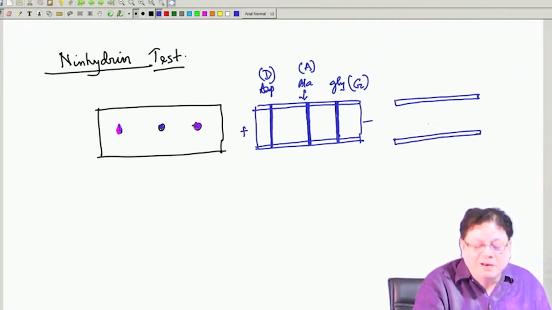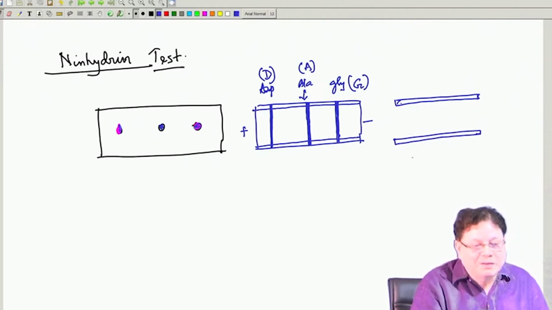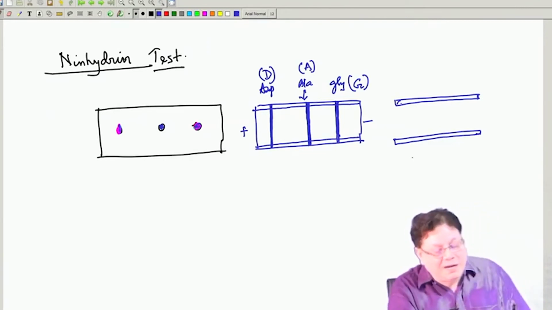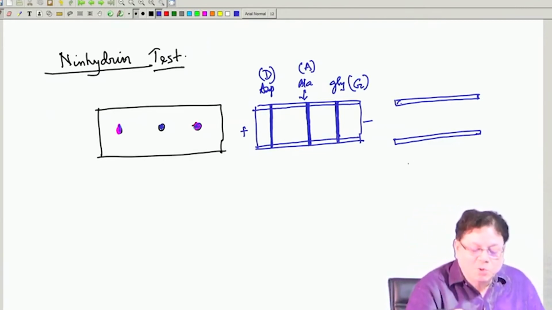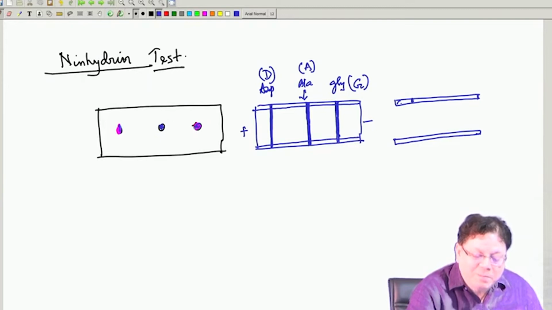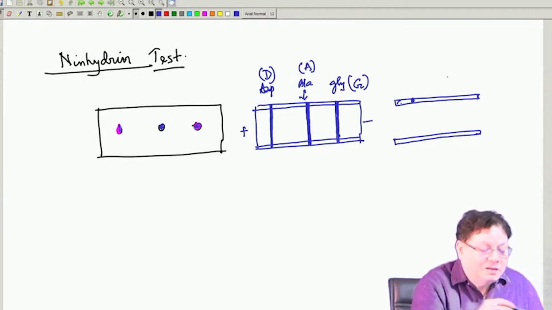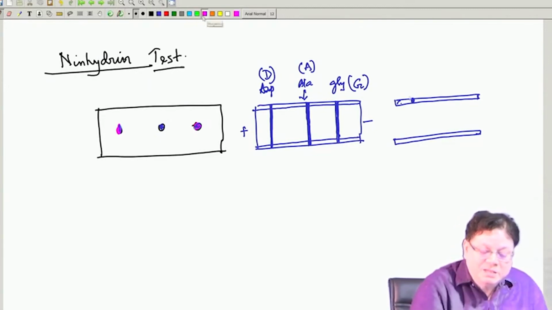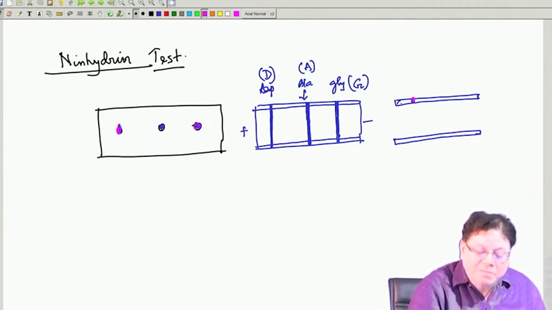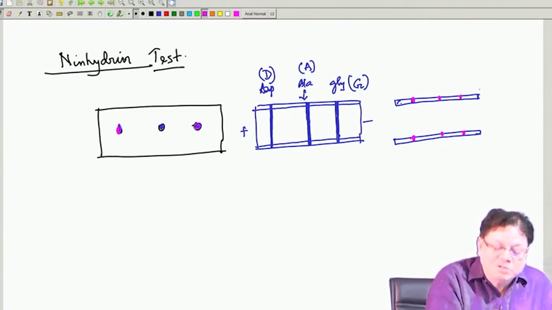And then I spray Ninhydrin on both, and then again heat with an air gun. So, what I will see? I will see a band here, a band here, a band here, and the same thing I will see here. Now, you put those strips back to where you have taken them from.